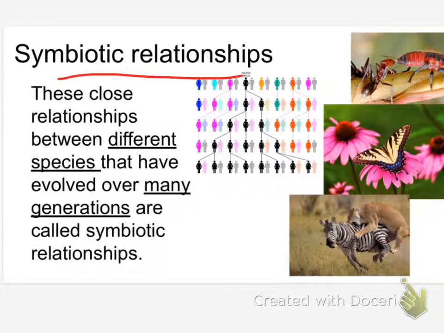We don't have symbiotic relationships within a species. These are also many generational. So these are tens of thousands of generations. Fox looks at mouse and says, because my people have always eaten your people. And the mouse says, this doesn't make me feel any better about it. These are relationships that have, I can say, always been. They are relationships that have been for as long as the species have been.